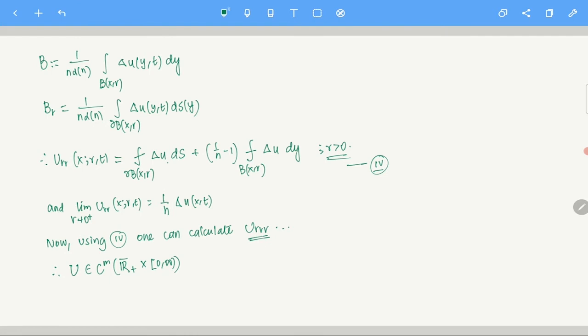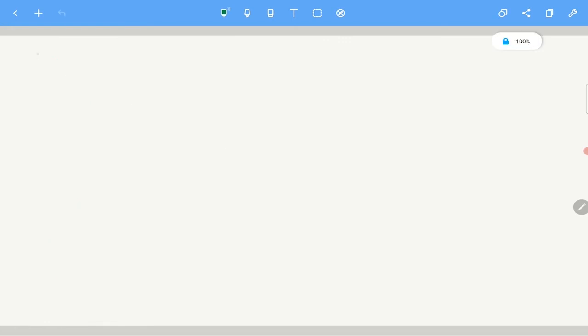Now, what about u_tt? There is nothing much to do here. You do realize that u(x, r, t) is given by the integral over the boundary of B(x, r) of u(y, t) dS_y. Therefore u_tt(x, r, t), what do you think this is?